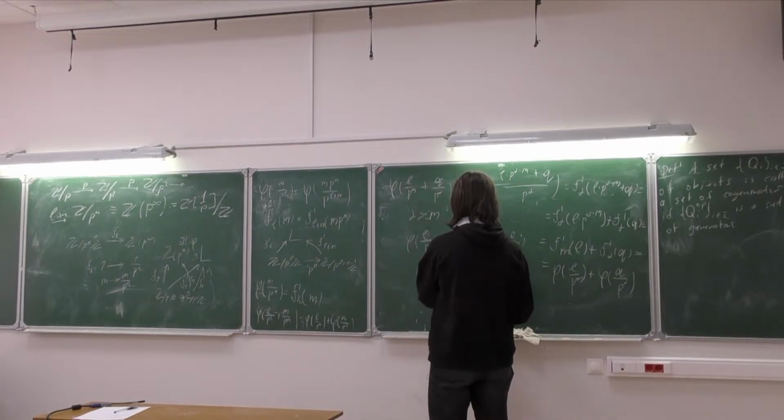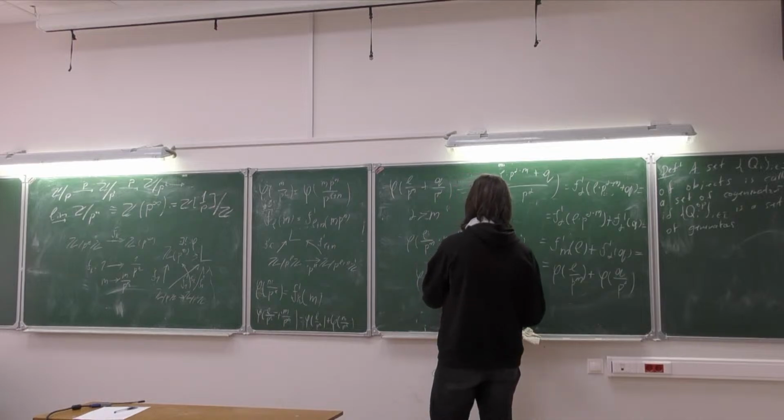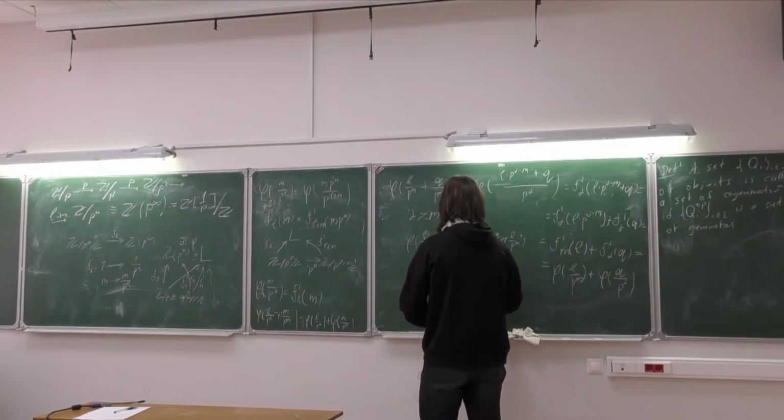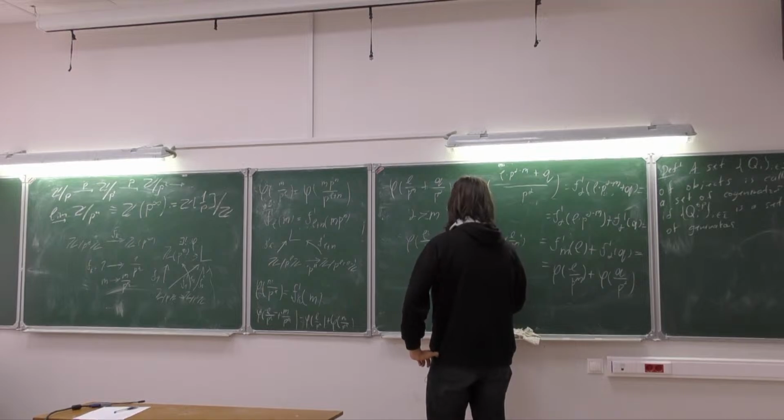We know that multiplication by p doesn't affect the homomorphism, and we get this.